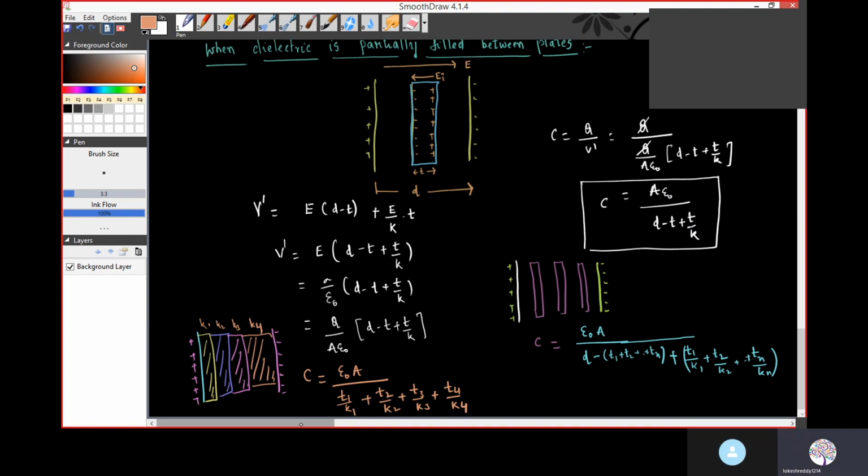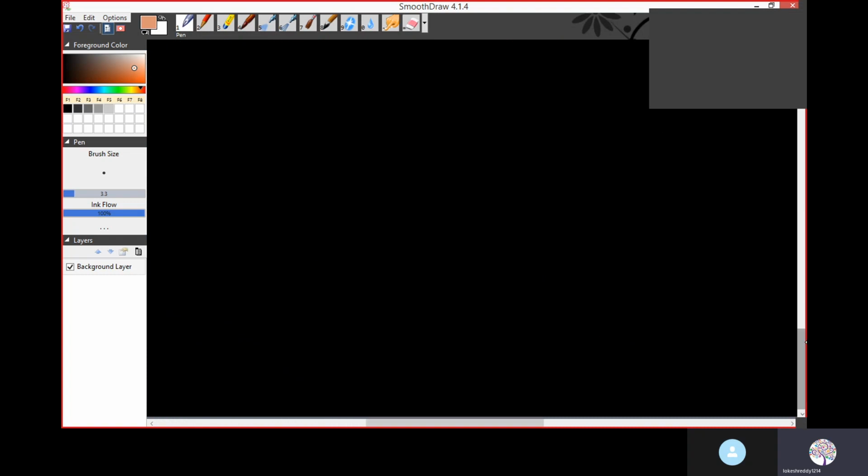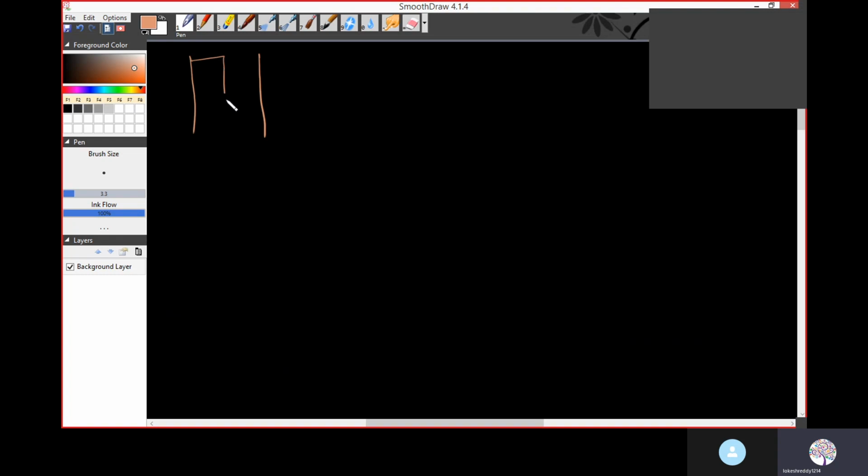All right. Now taking it further, sometimes we will say a metal plate is placed. This is one plate, this is another plate, and it is half filled with a metal plate. Whenever a metal plate is placed, the K value for the metal is infinity.